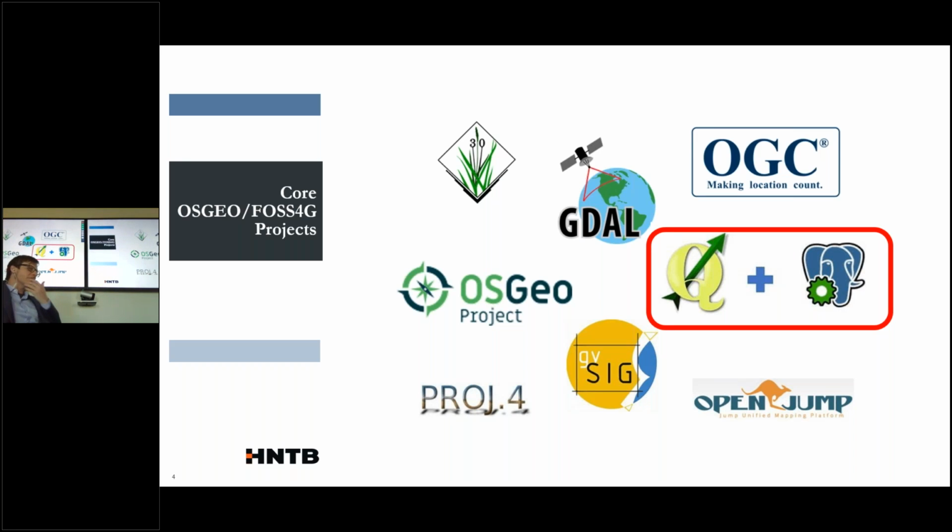That's because the OSGeo Foundation, which supports the FOSS4G conference, actually supports a number of core projects like Proj4, OpenJump, GDAL, QGIS, and PostGIS that are all interoperable and they all work together really, really well.